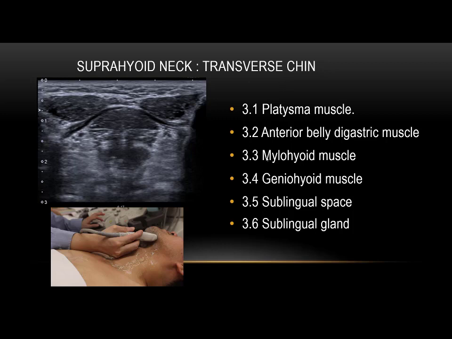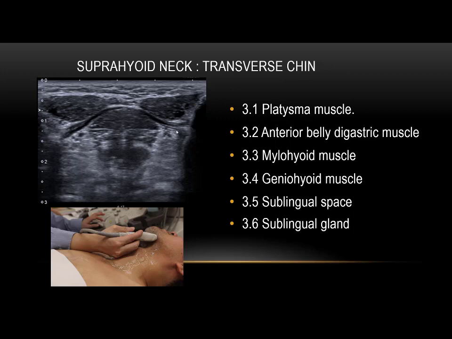This is an important structure of the mylohyoid that we need to understand. So everything covered within the mylohyoid muscle is sublingual space in this view. So everything superficial to the mylohyoid is outside the sublingual space.